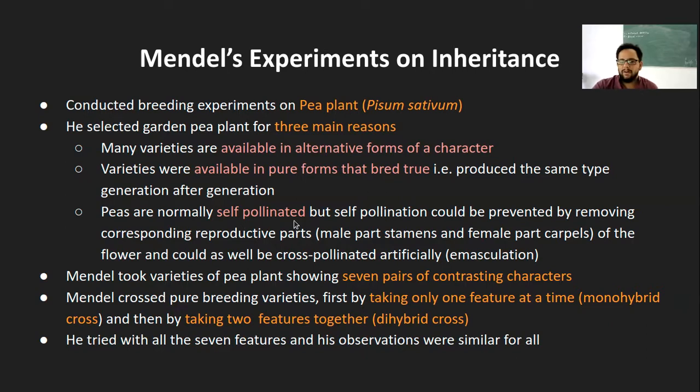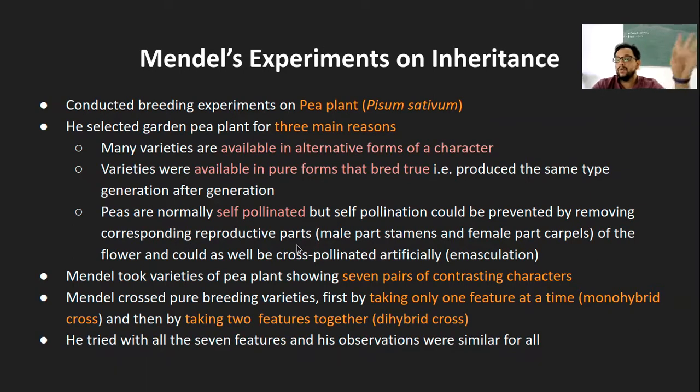So in all of those cases, self-pollination can happen. Self-pollination is the own male gamete fusing with the own female gamete. That's what leads to self-pollination. But if at all it has to be avoided, that can be prevented by removing the corresponding reproductive part.